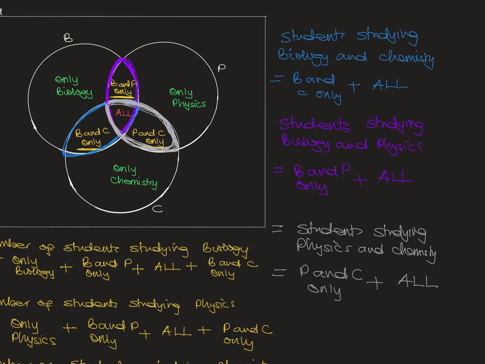That will be wrong, because those studying physics and chemistry has to be those studying physics and chemistry only plus those studying all the three subjects. So that total, when you divide it by the total number of students in the school or in the class, is what is going to give you the probability. So you realize that getting the information right is paramount.